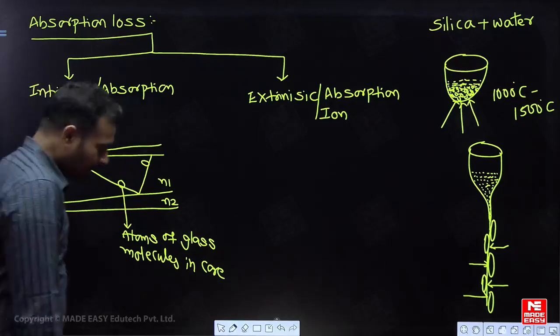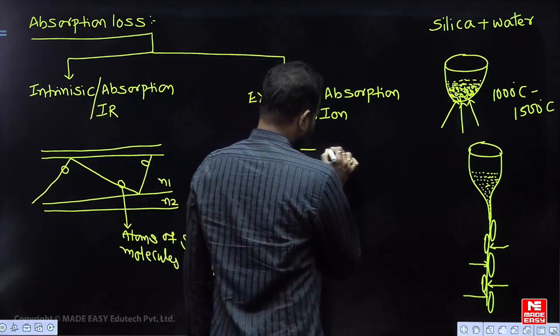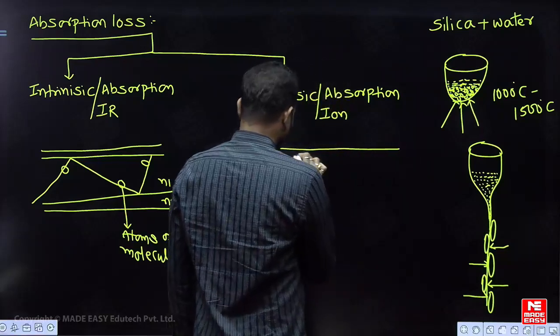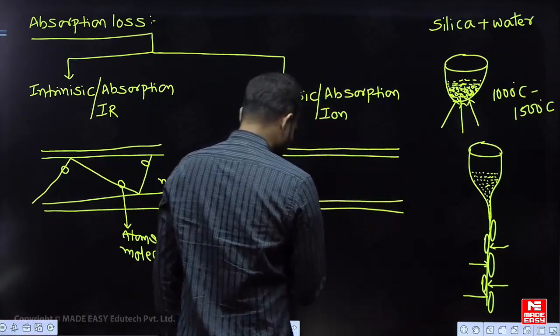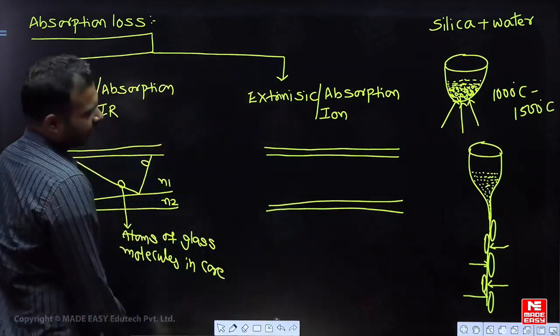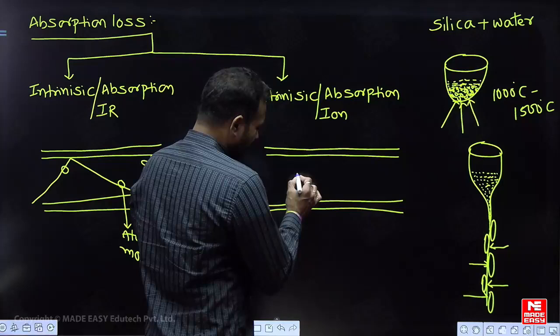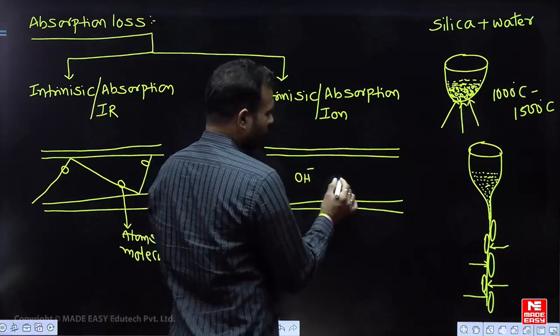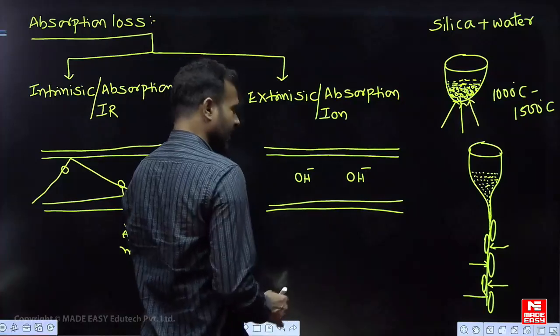Next, we can talk about extrinsic absorption. Extrinsic absorption, or ion absorption, is due to OH minus ions. What is this OH minus ion?